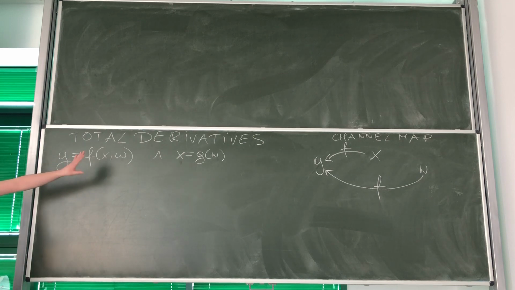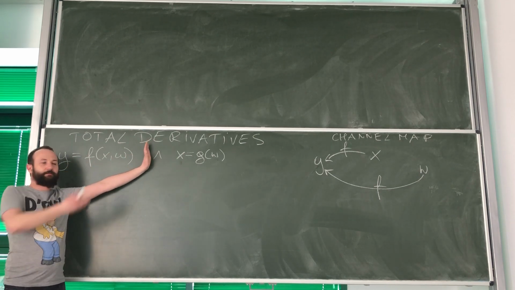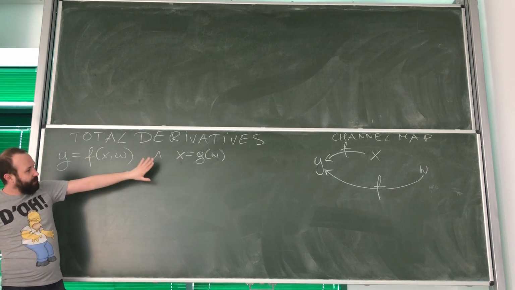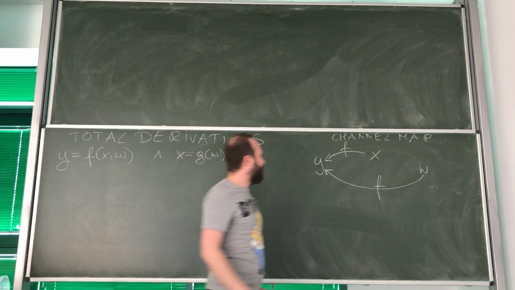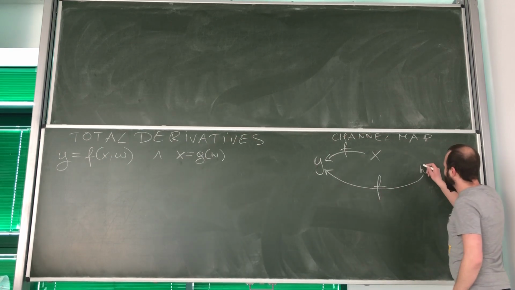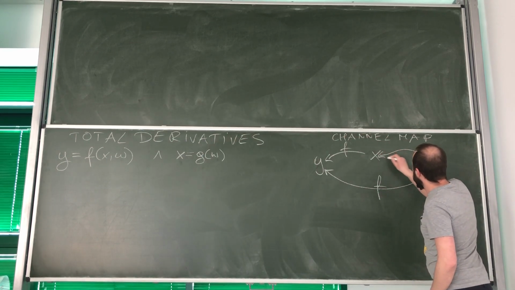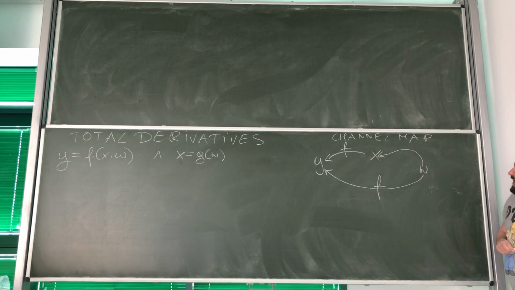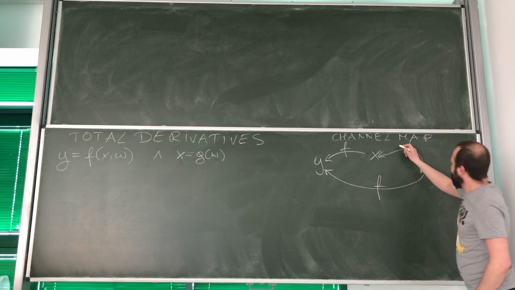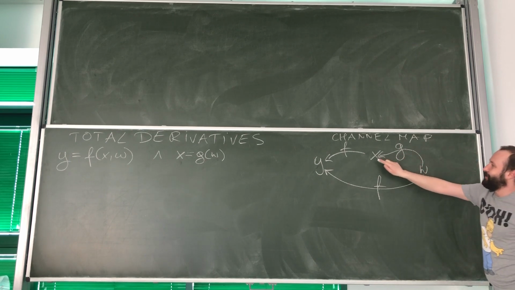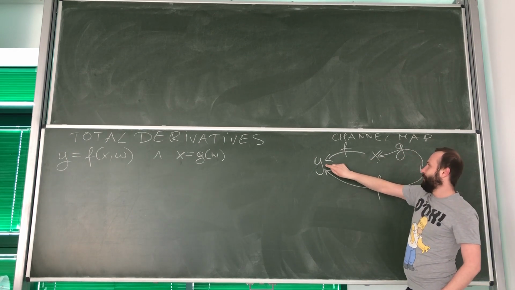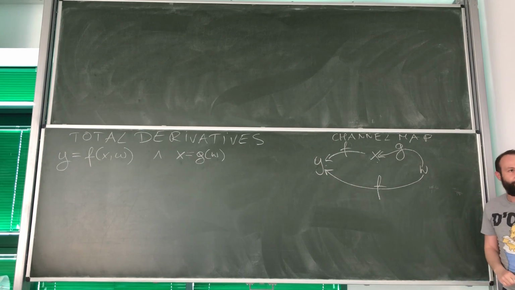So, basically, this is the kind of story we were discussing before. But now we've got something new. Look, what is happening over here is that we also see that w is influencing x through function g, and then in turn it influences y through function f.